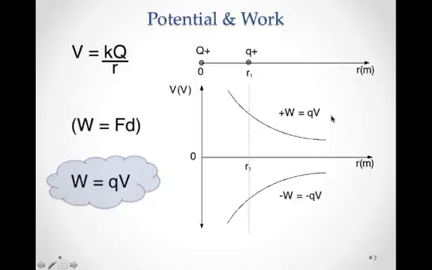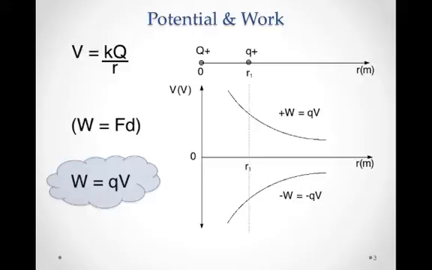It doesn't work out exactly that way, but the bottom line is, in our electrical system, as we get these charges closer and closer together, the potential is getting greater and greater, and we're doing more and more work. So this is an equation you definitely want to memorize. Work is equal to the charge times the potential at the location of where that charge is.